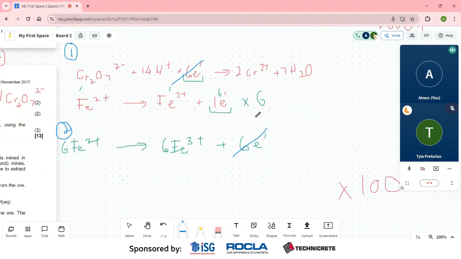And now we just write it as one complete equation. You write everything that's on the left-hand side in this equation that's left over, plus this side, with everything on this side, plus this side.